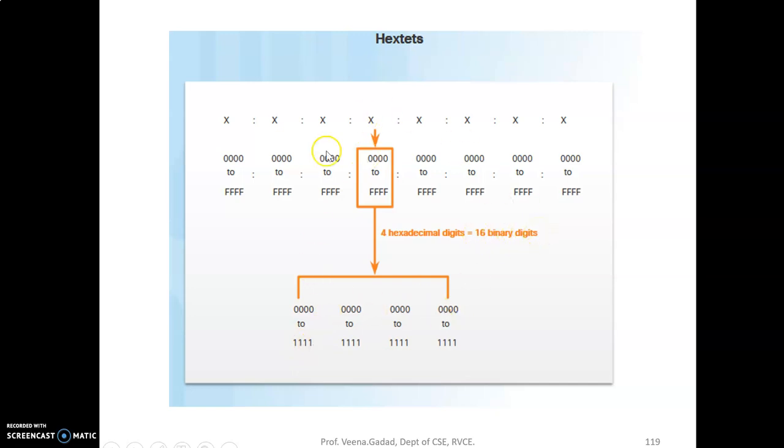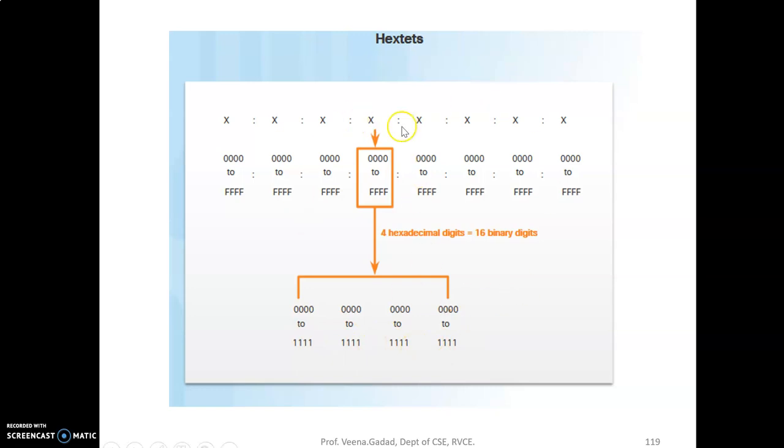This is how we segment your IPv6 address, and each of these x is termed a hexet. As we had octets in the case of IPv4 addresses, here we have hexets. Each x is called a hexet because it is made up of 16 binary digits.